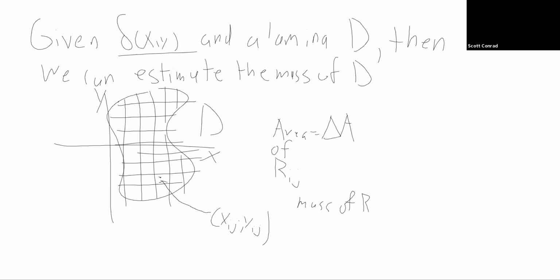So the mass of this one rectangle is approximately equal to the density at that point, x_ij, y_ij, times the area of the rectangle. It's a good approximation because it's a really small rectangle, and the density is almost the same on the whole thing. And so if we want the whole thing, we sum it up.